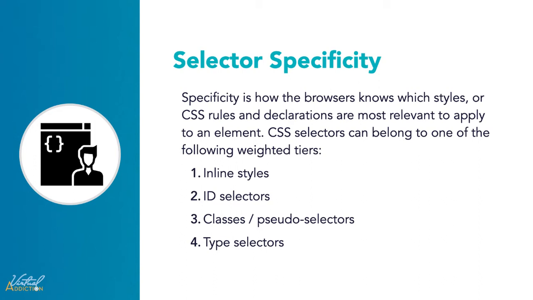When evaluating specificity, the number of selectors and their priority are considered. CSS selectors can belong to one of the following weighted tiers: inline styles. This is anything inside an element tag. ID selectors, class or pseudo selectors, and type selectors.